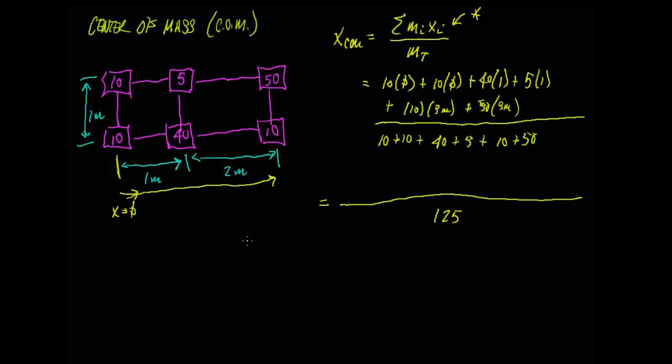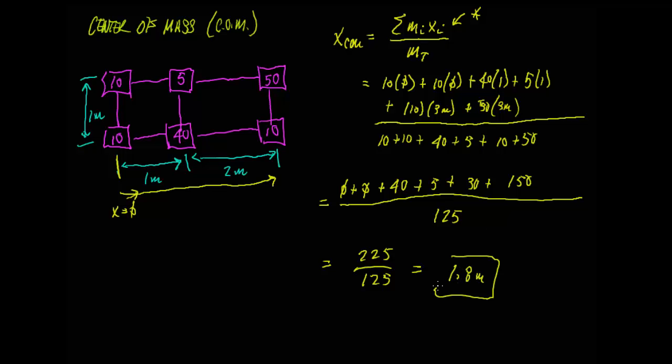Up top we'll have 0 plus 0 plus 40 plus 5 plus 30 plus 150. And what does that give us on top? 225 over 125. And if we get out our calculator and look at that, 225 divided by 125 gives us 1.8 meters.